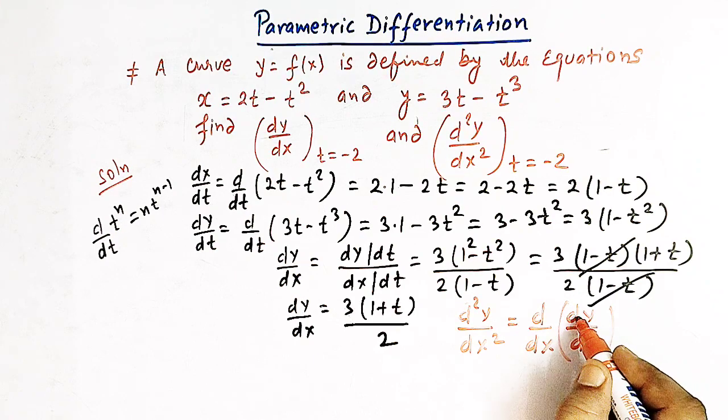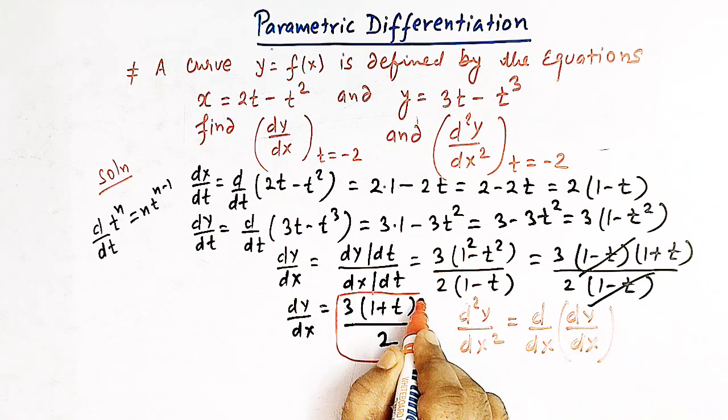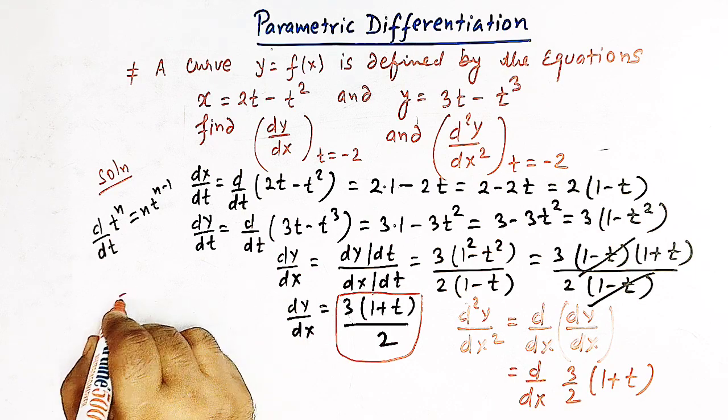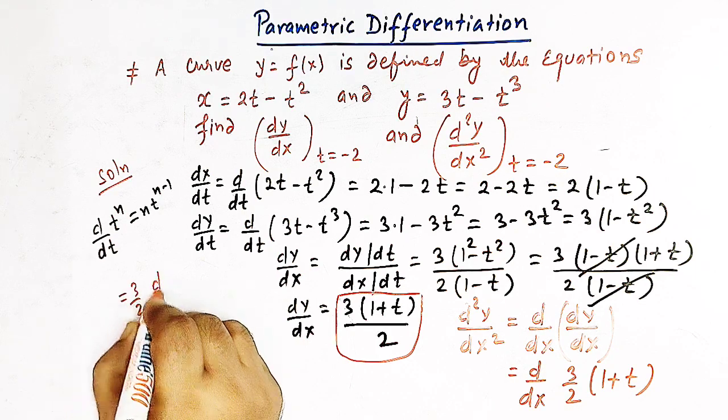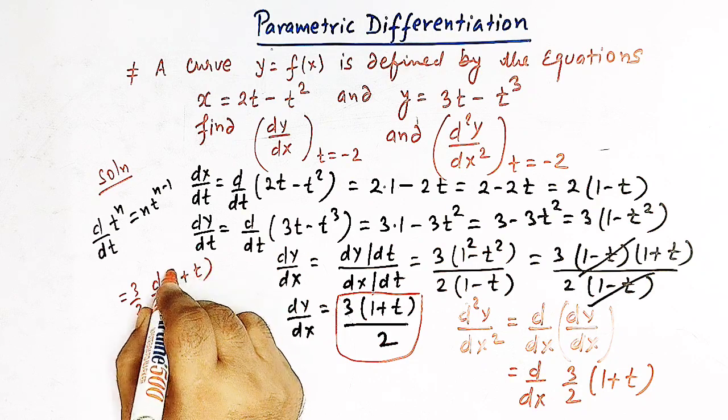So now let us substitute dy over dx as this quantity. So we have d by dx of 3 by 2, and here we have 1 plus t. Right, now 3 by 2 is a constant, so we have 3 by 2, then we have d by dx of 1 plus t, right?